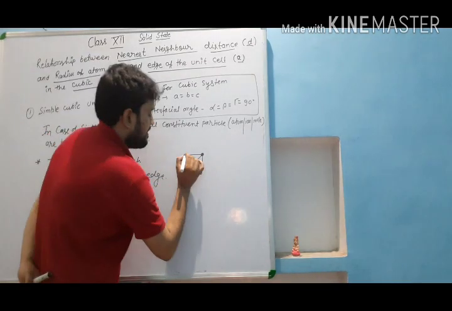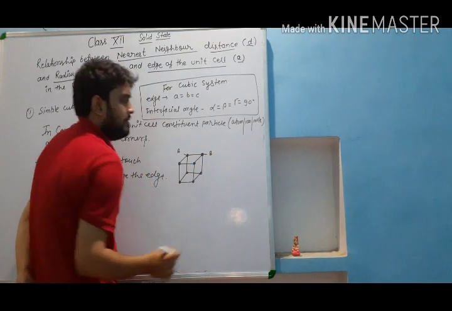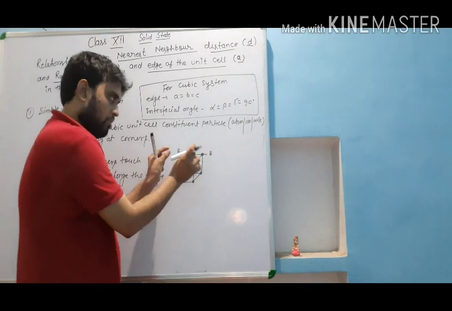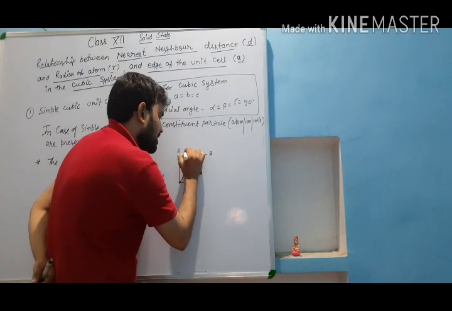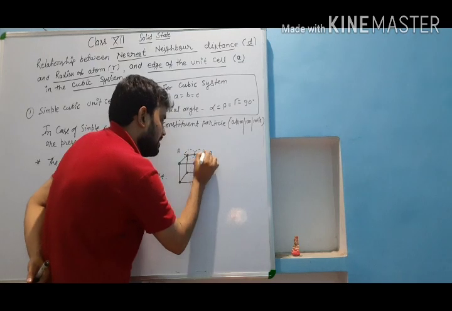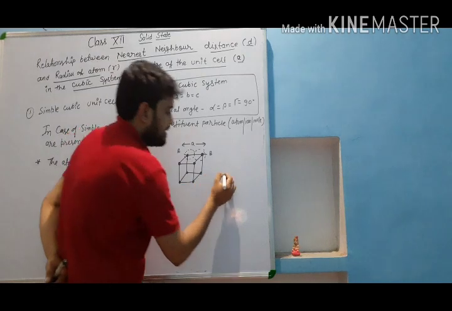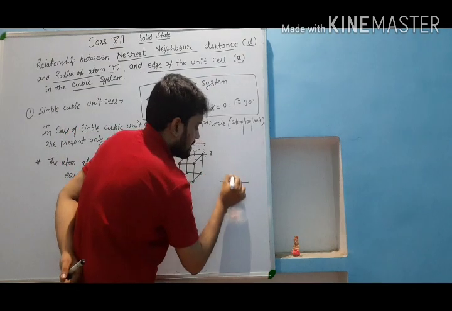Let's suppose this is atom A and this is atom B. They both touch each other along the edge a. For your convenience, we draw this structure separately.